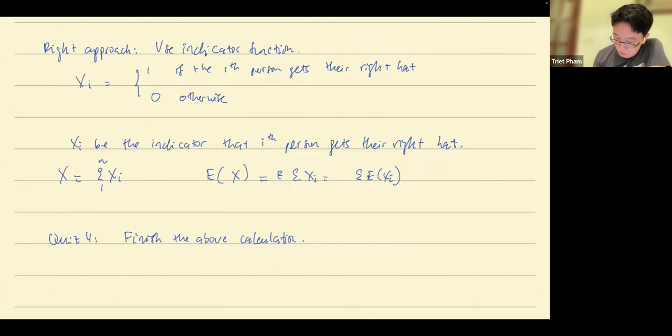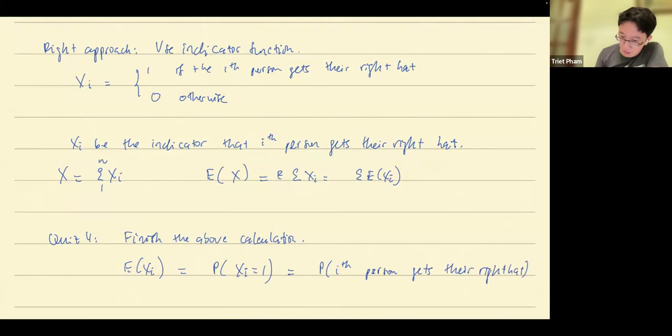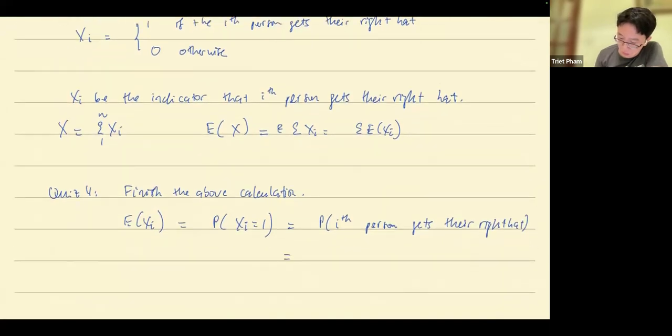Each xi is the indicator that the ith person gets the right hat. So the expectation of xi is basically the probability that xi equals 1, which is exactly the probability of the ith person getting the right hat. And the answer is 1 over n.